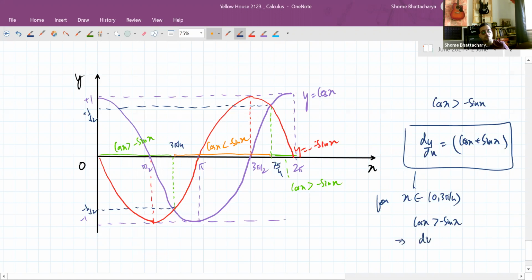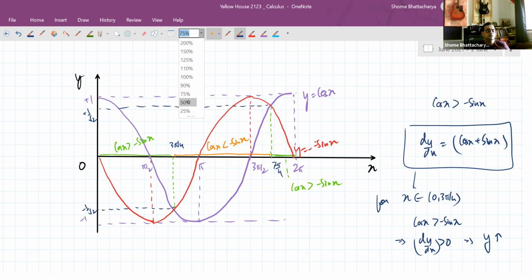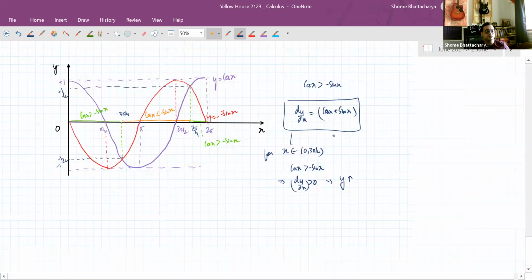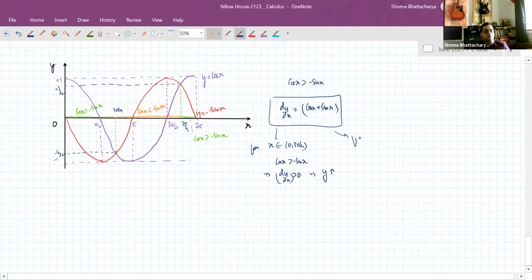Therefore, dy by dx is positive. But similarly, in the next interval, which I've drawn in the graph, for x going from 3 pi by 4 to 7 pi by 4, this entire region, it is negative.